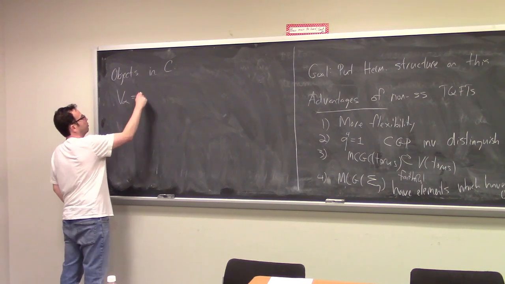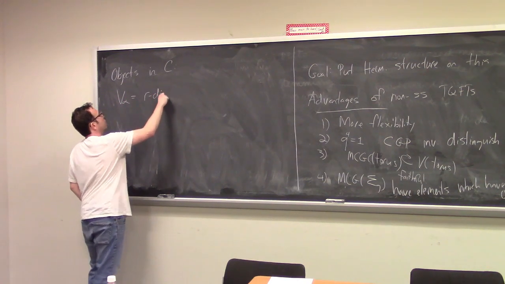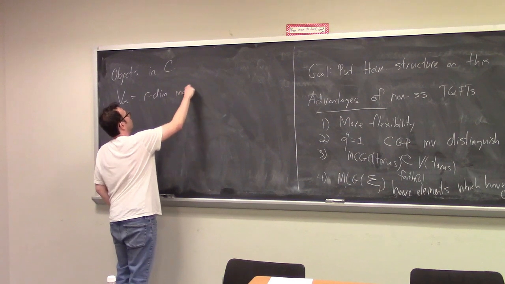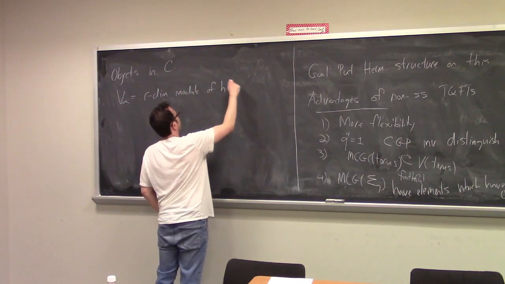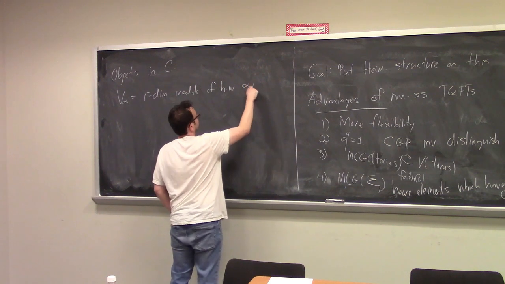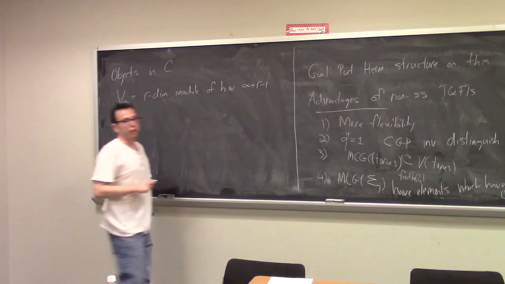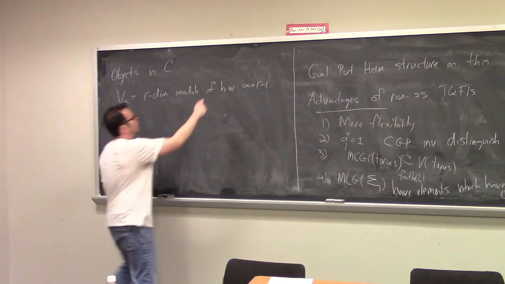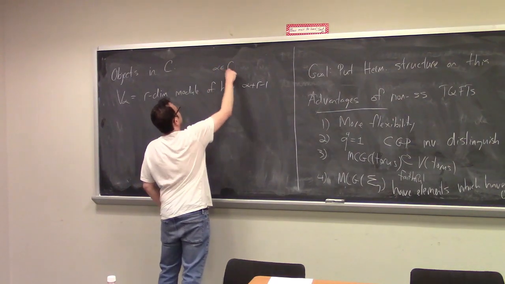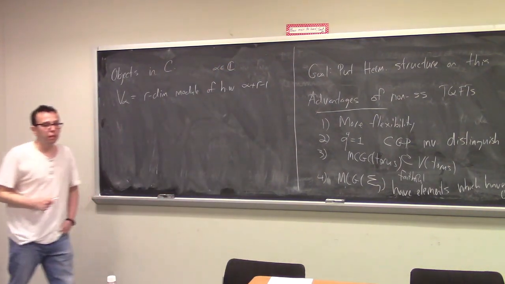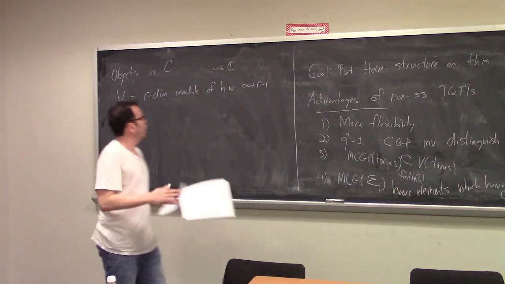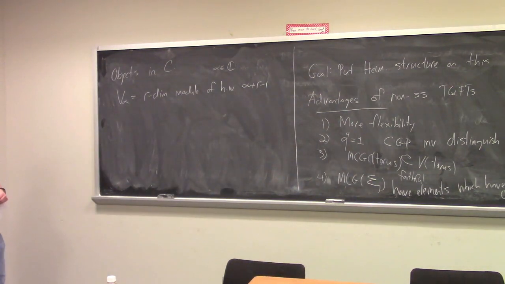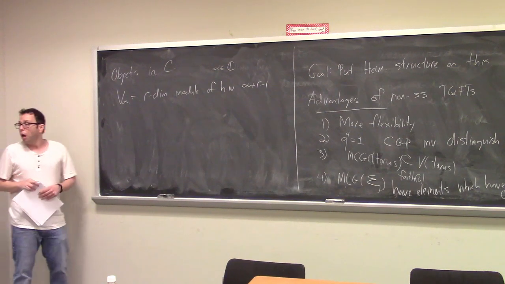This is an R-dimensional module of highest weight alpha, and then there's some weird normalization, alpha plus R minus 1. So alpha is some complex number. So for each alpha you have this R-dimensional module V alpha.